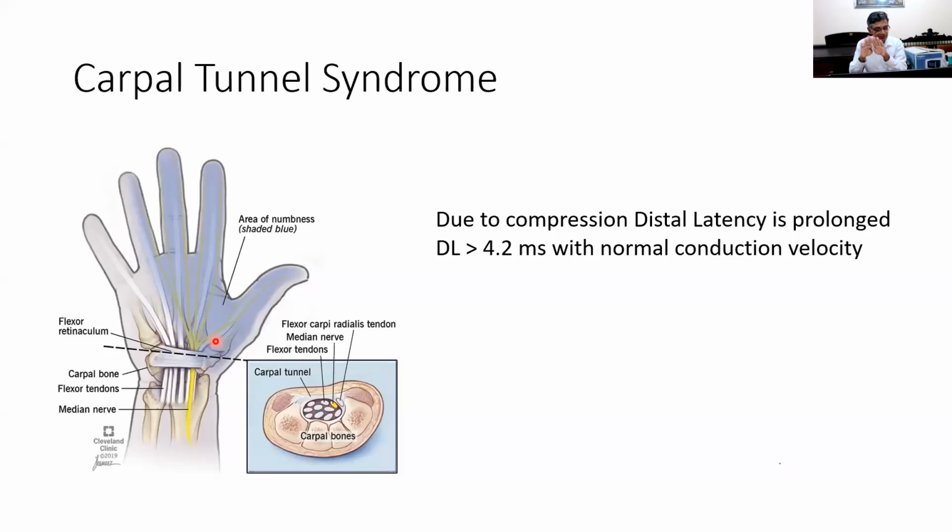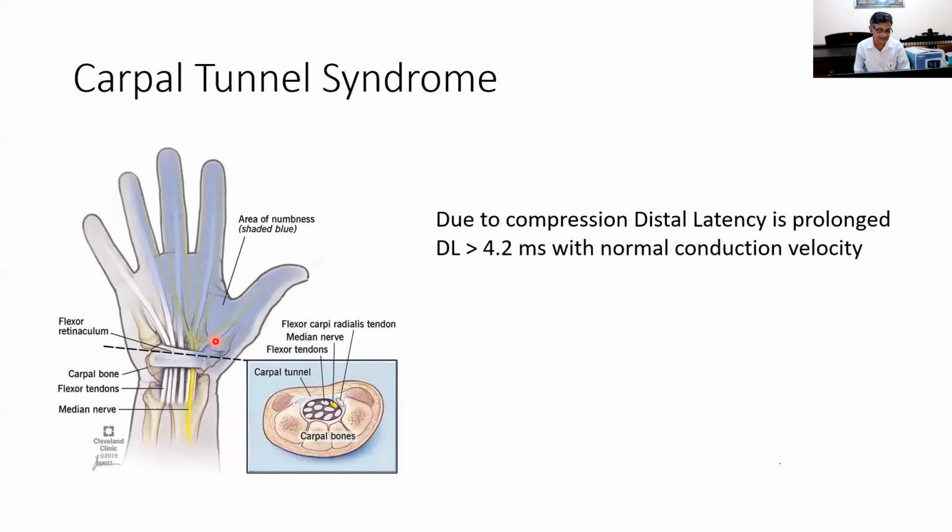Always, both of them are very close, but the ulnar nerve is slightly faster, with shorter distal latency, and the gap is maintained within 1.2 milliseconds. So if the gap is more than 1.2, again it is suggestive of carpal tunnel syndrome. So distal latency of ulnar nerve and distal latency of median nerve should be within 1.2 milliseconds.